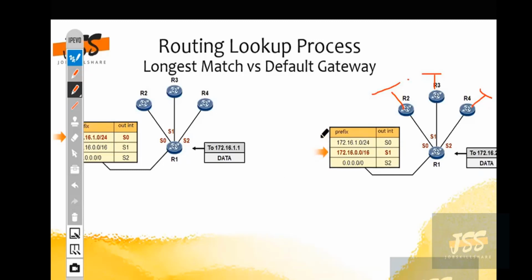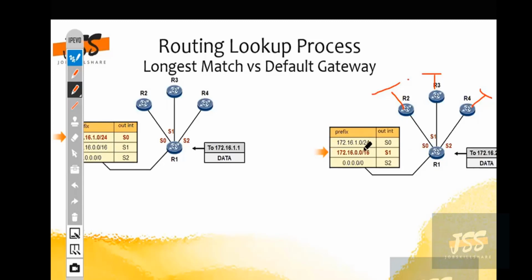I think you can start from the first one. When we start with the first entry, 172 matches, 16 matches, but 1 doesn't match. Exactly. So it skipped that one and then came here. In the second line, 172 matches, 16 matches, and we stop there too.